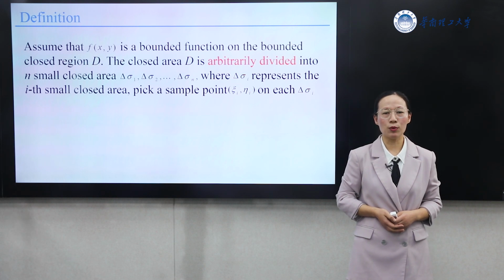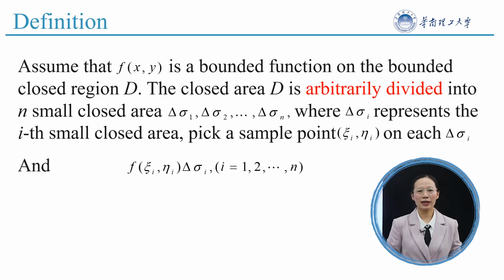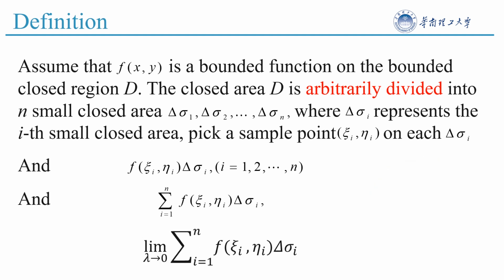Arbitrarily pick a sample point (xi_i, eta_i) in each delta sigma i and calculate the product of f(xi_i, eta_i) and delta sigma i. Then calculate the sum of all the products on n small areas. Finally, calculate the limit.